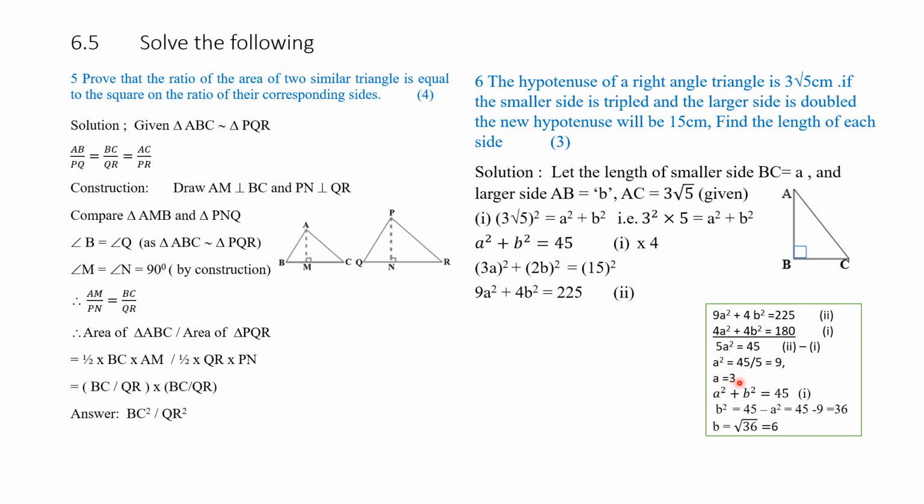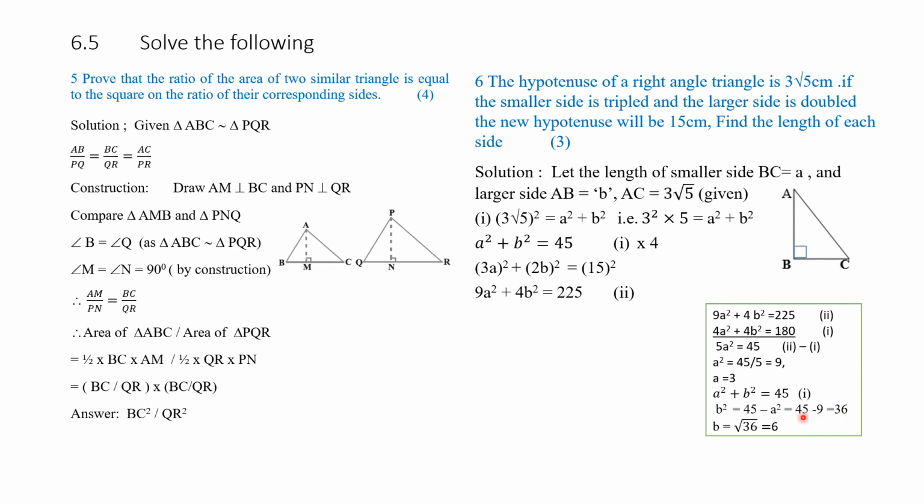Hence, now put the value of a equals 3 in equation 1. A square plus b square is equal to 45. Here, write the value of a as 3. Therefore, 3 square, 9, plus b square is equal to 45, or b square is equal to 45 minus 9, that is equal to 36.